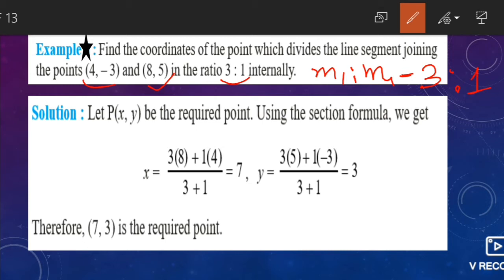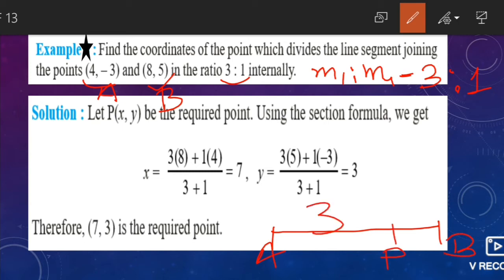Suppose this point is A and this point is B. I can draw this line: this is A, this is B, P is here, and P divides the line in the ratio 3:1. The coordinate of A is given as (4, -3) and B is given as (8, 5).